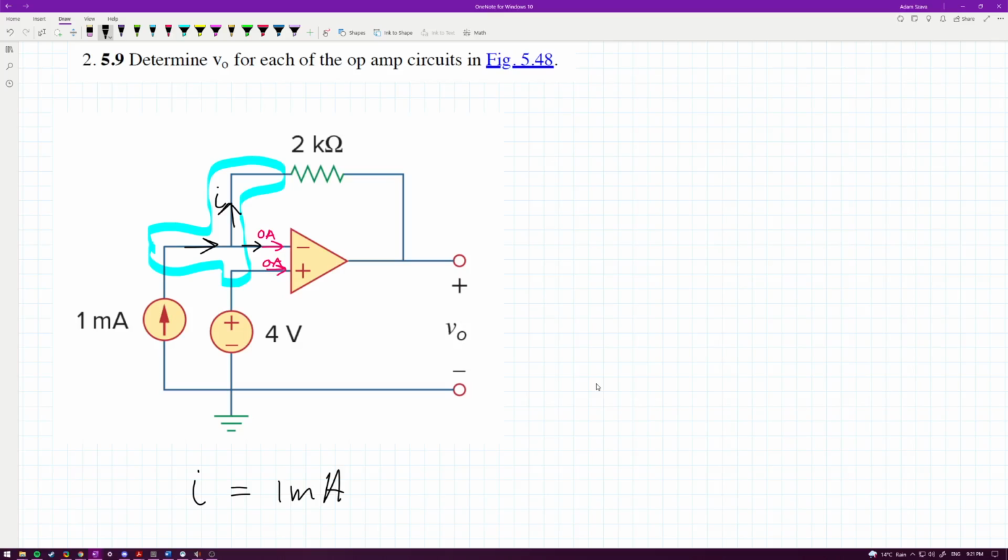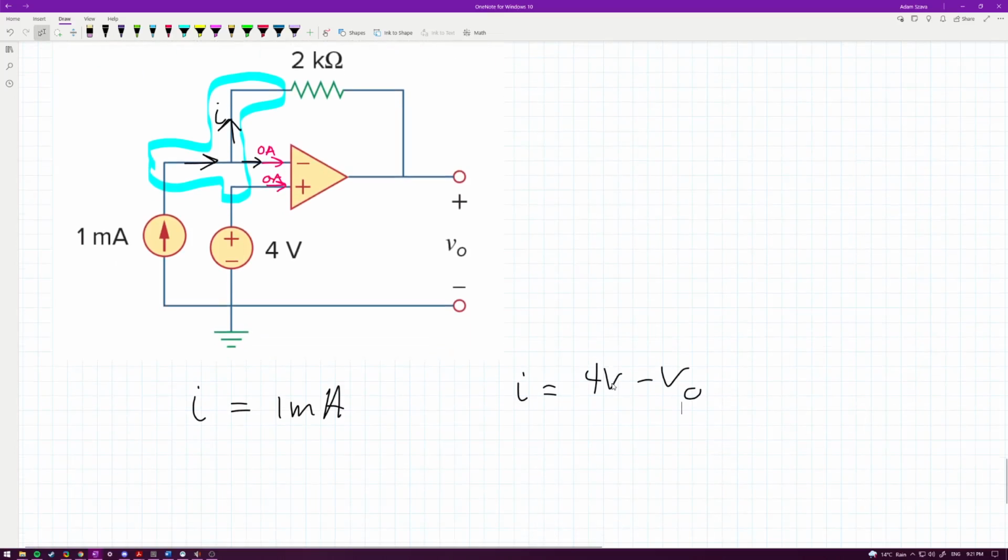But we also know that I is equal to 4 volts minus VO, over 2 kiloohms. Now it makes sense. I'll just say 2,000 ohms.